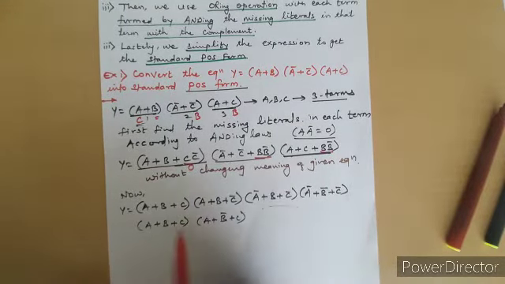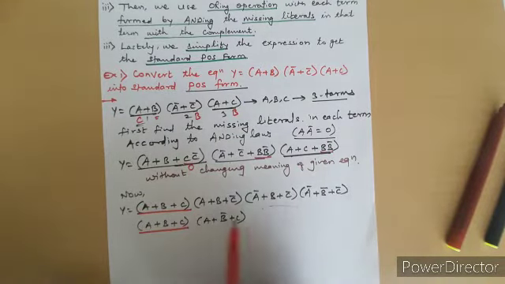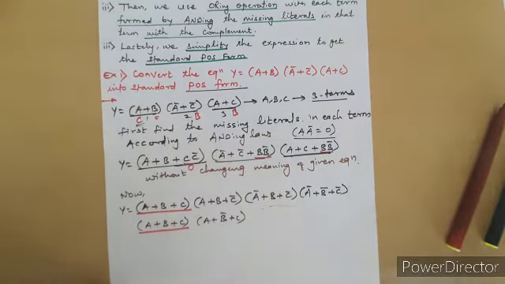Now if I just look at this equation, I can find similar terms. So I have A plus B plus C, and there are no other similar terms.